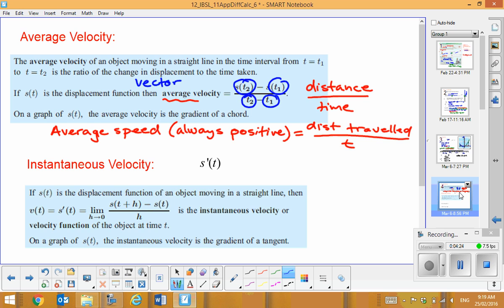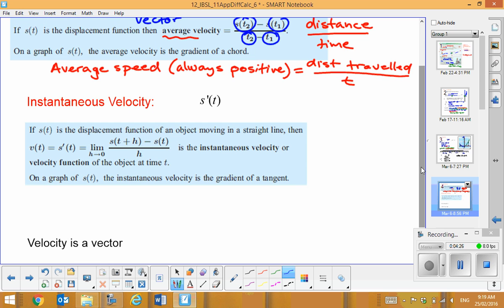So we're back to differentiation. We're back to taking the limit of our displacement function for a tiny interval of time as that interval gets smaller and smaller. That's first principles, exactly. It's your limit, but we've got a displacement function, and here our h is a small amount of time.